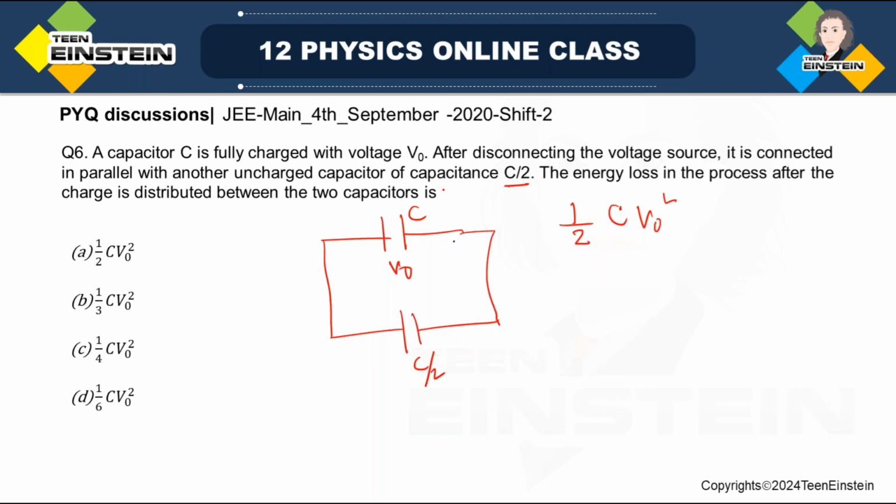Then what happens? The charges will be redistributed and they will have a common potential. If I say the common potential is V prime, then we can find out the corresponding charges.